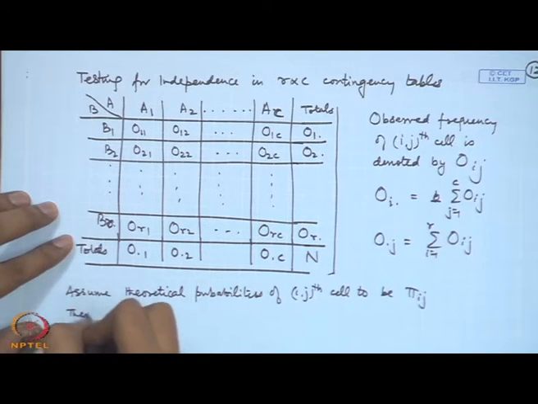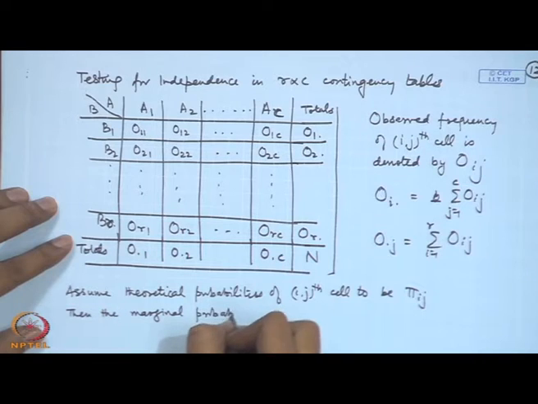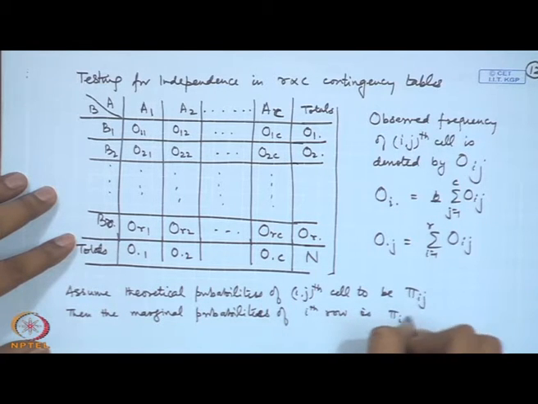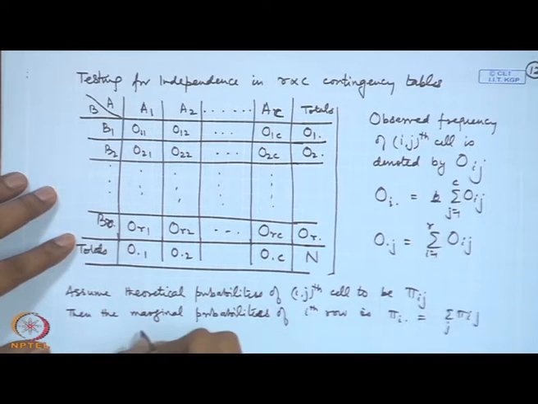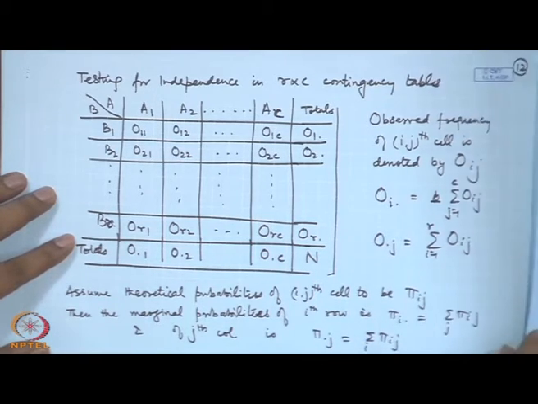Then the marginal probabilities of the ith row is pi i dot, equal to sigma pi ij summed over j, and of the jth column it is pi dot j, equal to sigma pi ij summed over i.